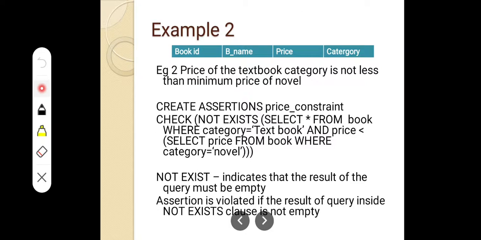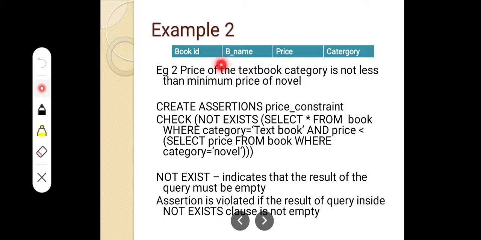Okay, next is another similar example. Here we have a table called book. The table name is book and it has this many attributes. So I want to check whether the price of the textbook is not less than the minimum price of a novel.